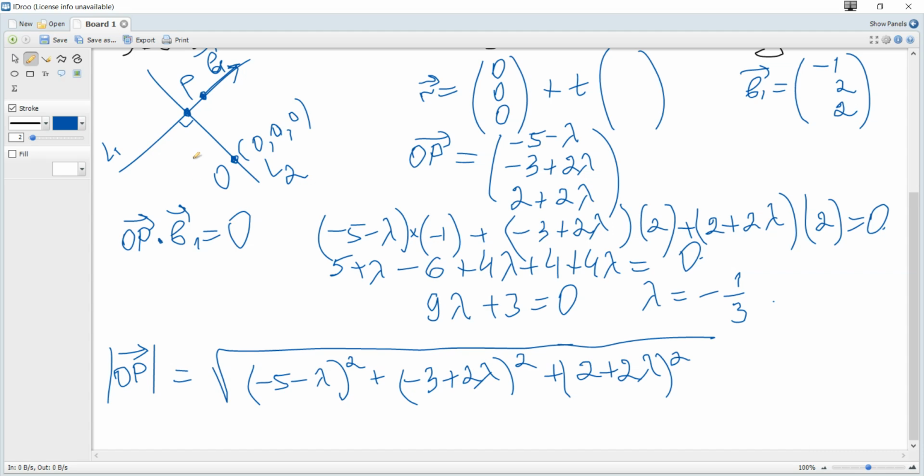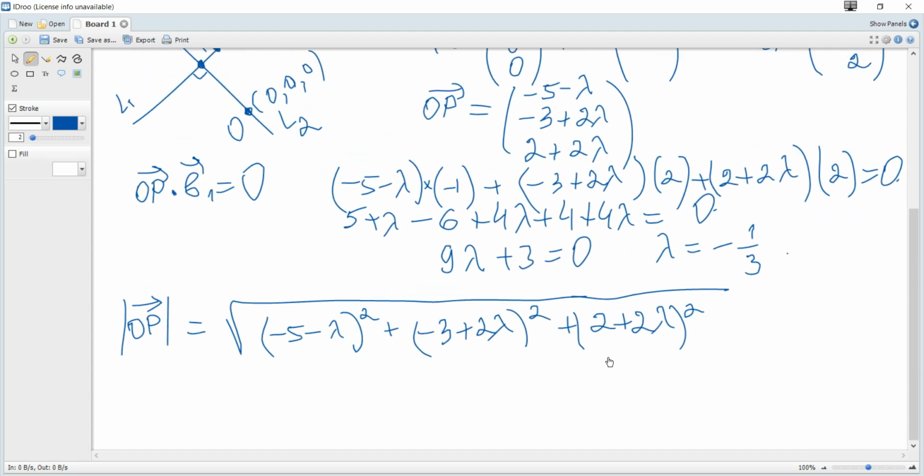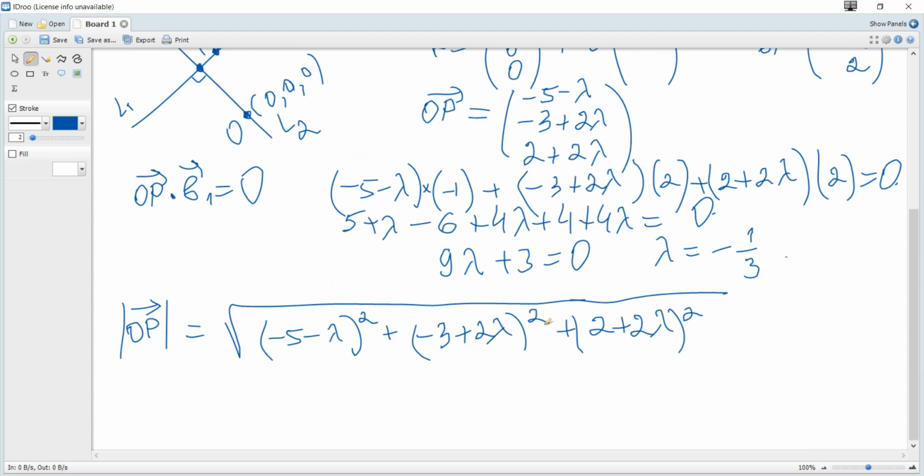And since OP is perpendicular to the line L1, this distance is the distance from the origin to the line, the shortest possible, hence we consider it the minimum of a function.